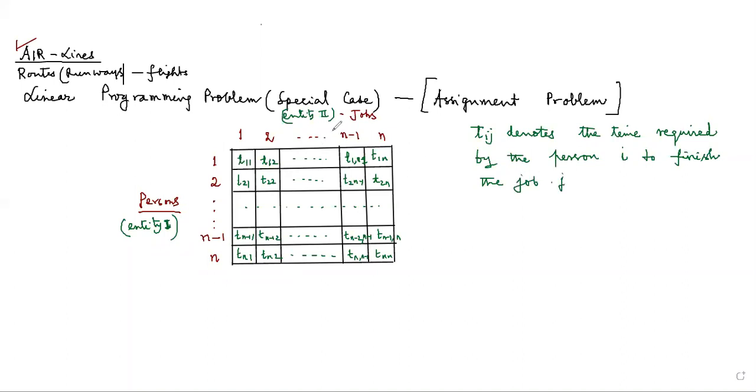But if you carefully observe the situation, think of your class, of your friends, your teacher can only assign one person to only one job. This is a kind of restriction over here.